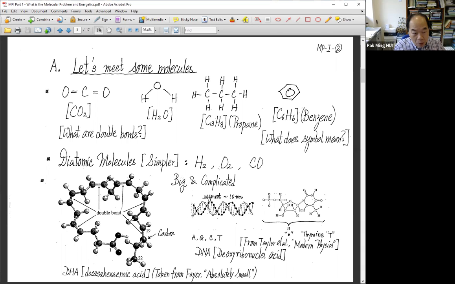Molecules can be simple. So this carbon dioxide happens to be a linear molecule, but now regarded as a bad guy for climate change, things like that, okay? So we will understand why suddenly this innocent molecule becomes a bad guy.